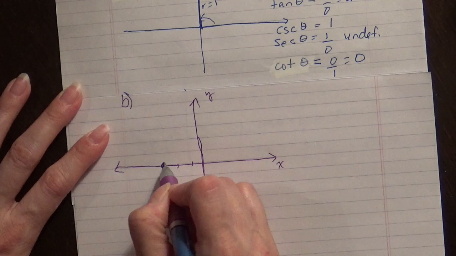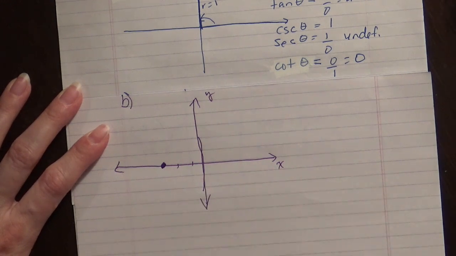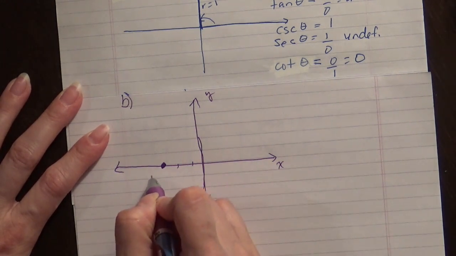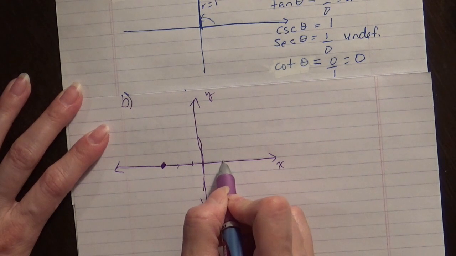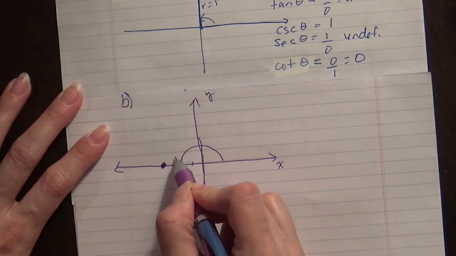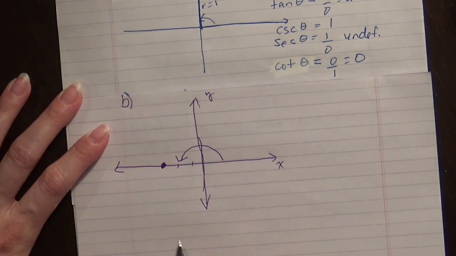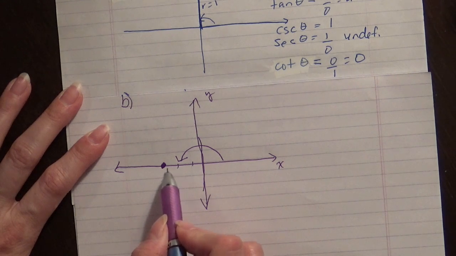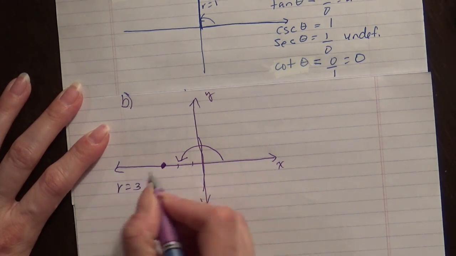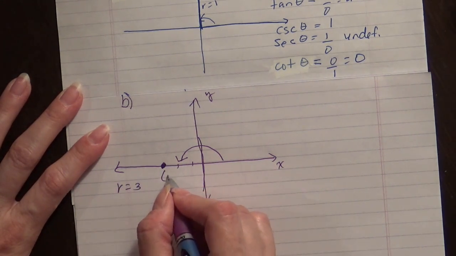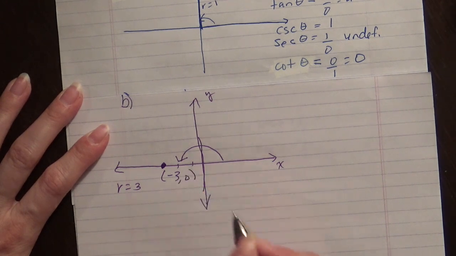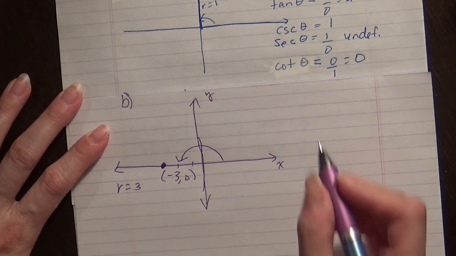That's going to put me here. Of course this angle is going to be a 180-degree angle, so it's going to look like this. And my radius will be 3. My point is ordered pair (-3, 0), and I am ready to do all of my calculations.